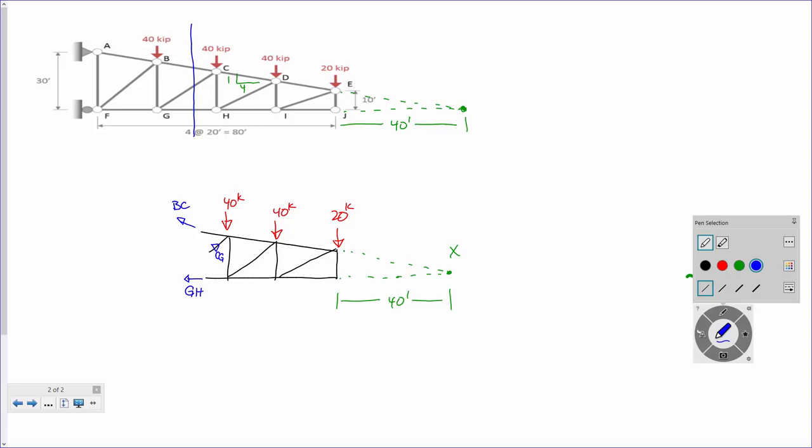Would you agree that its X component's going to go like that and its Y component's going to go like that? Now watch what I'm going to do. I'm going to take those forces and slide them on down there. So we've got CGX, CGY. Everybody with me on that? Okay.